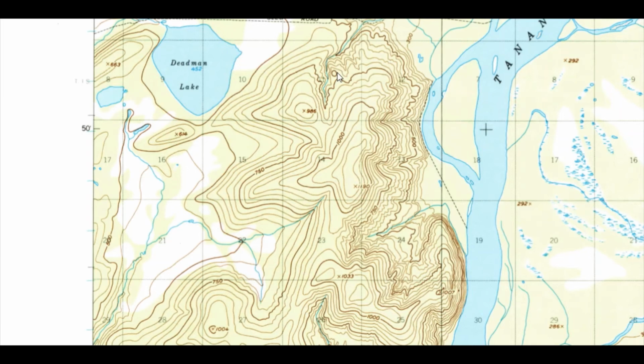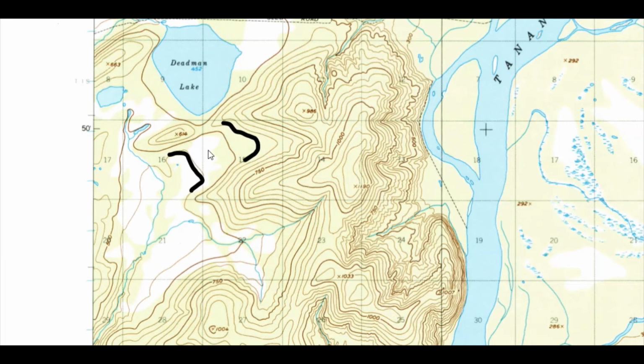If we take a look at the area between these two contour lines, we'll see that these three altogether are very far apart versus some of these over in this area.